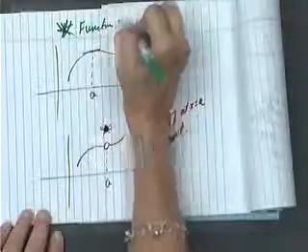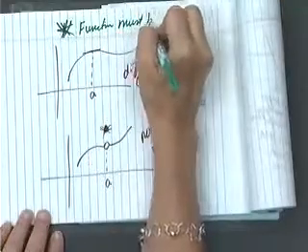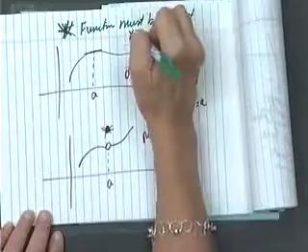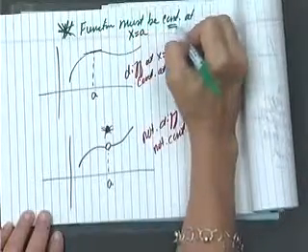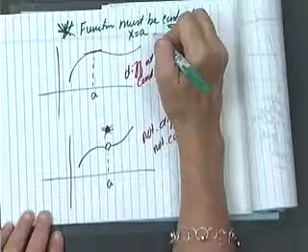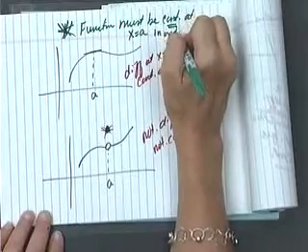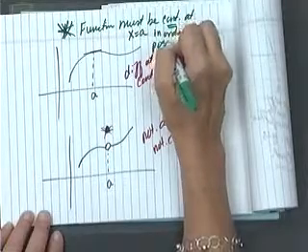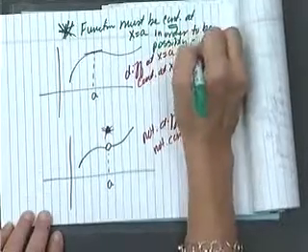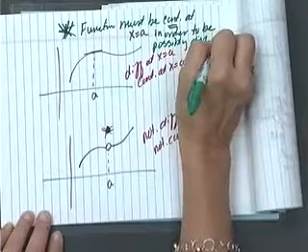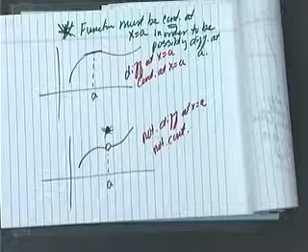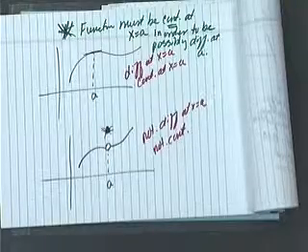The function must be continuous at x equal to A, must be continuous at that point in order to be possibly differentiable at A. So if you have to determine if something is differentiable at a point A, you need to first make sure it's continuous there.